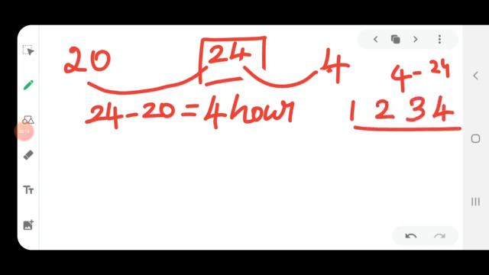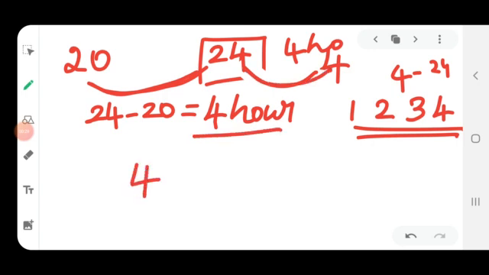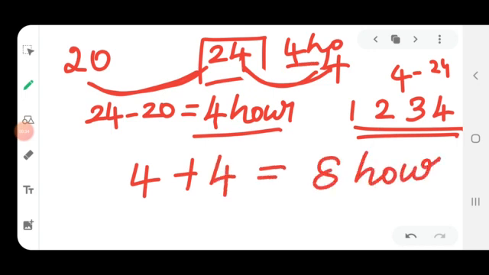So how many hours do we have here? 4 hours. After 24 to 4, the duration will be 4 hours. Now the total duration from 20 hours to 4 hours will be 4 hours plus 4 hours, so 8 hours.